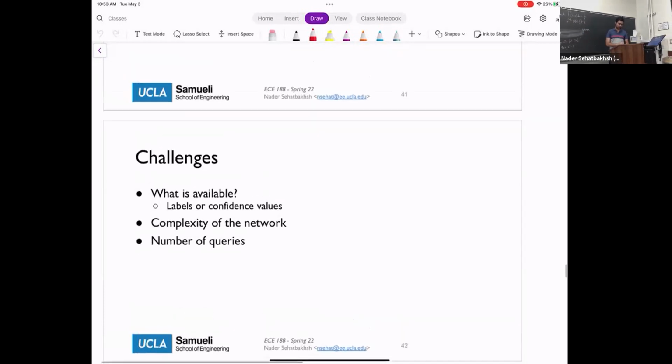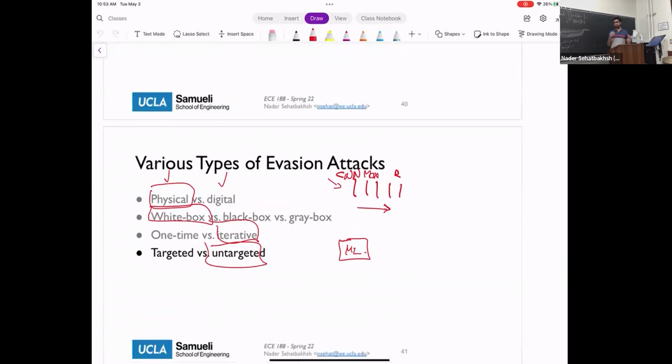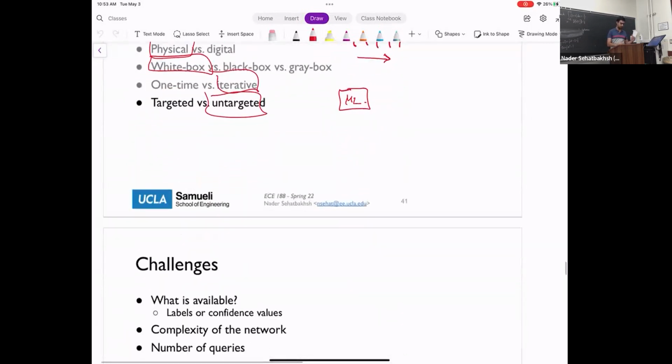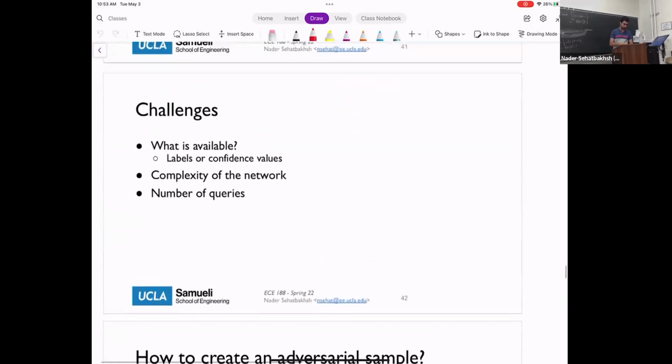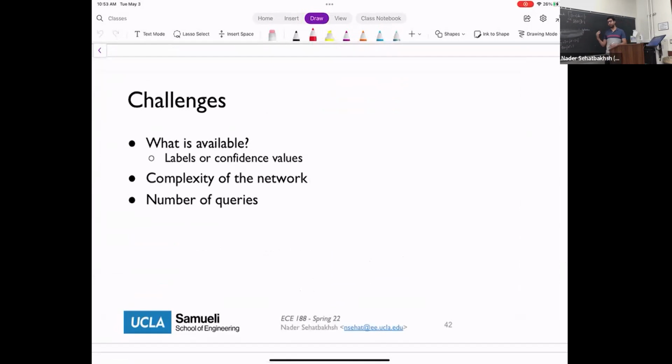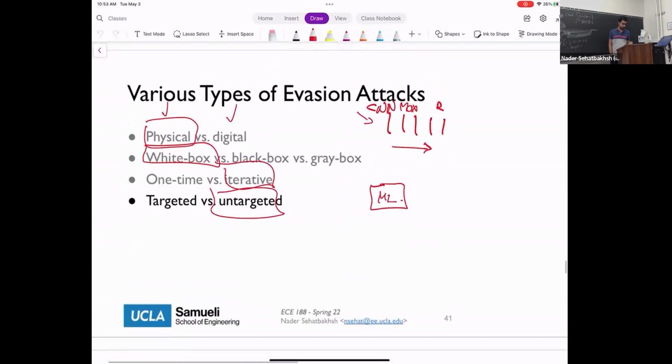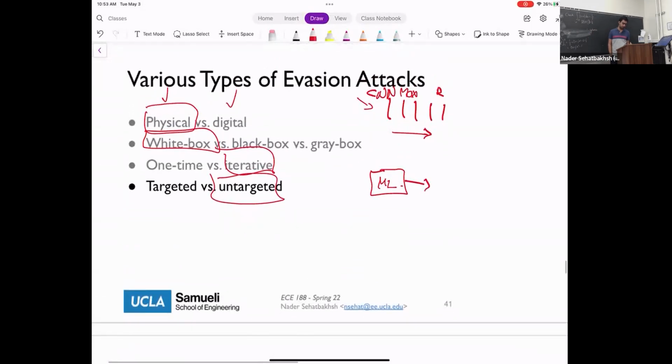Okay, so obviously, given that there are these different options, the challenges also include availability and difficulty of achieving this. For example, the complexity of the networks plays an important role. The number of queries that we need to use in order to attack the system is important. What is the output of the system is also very important.